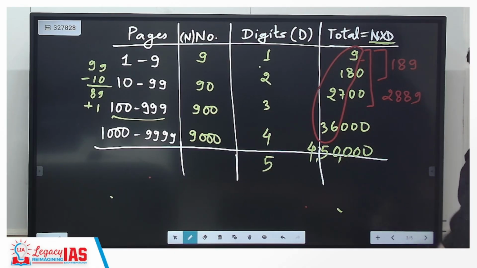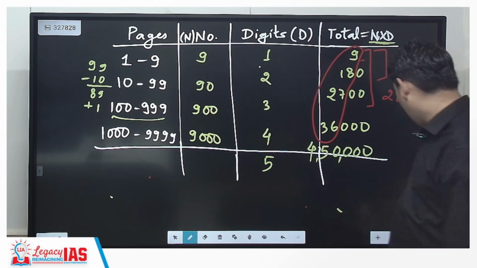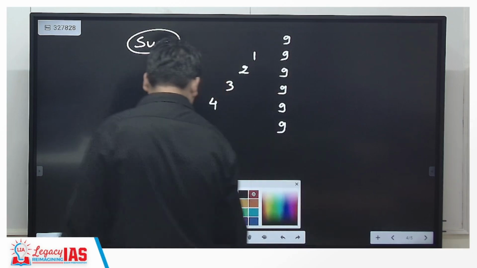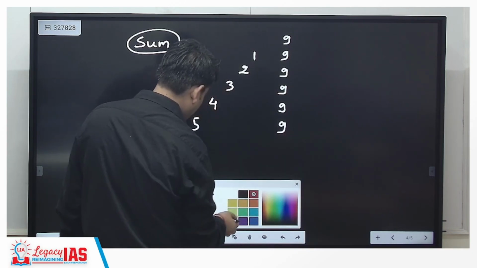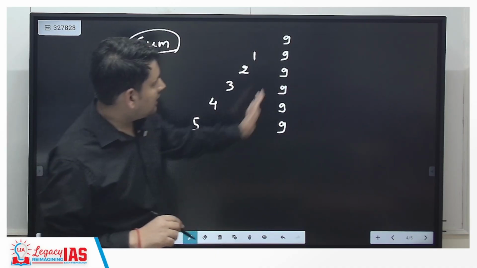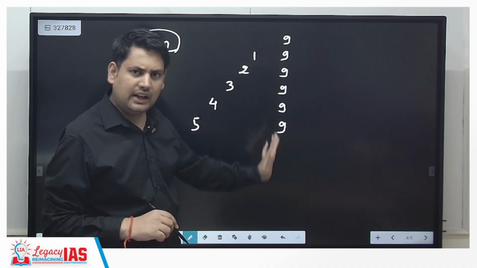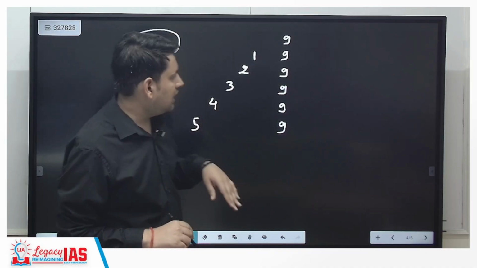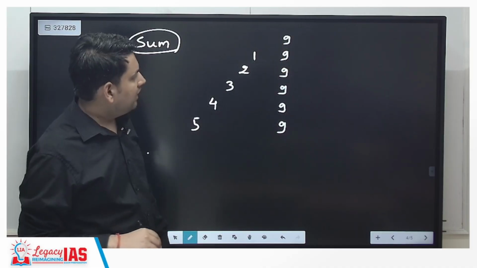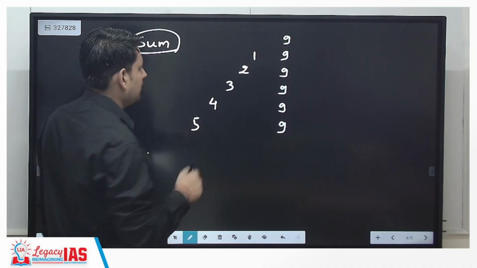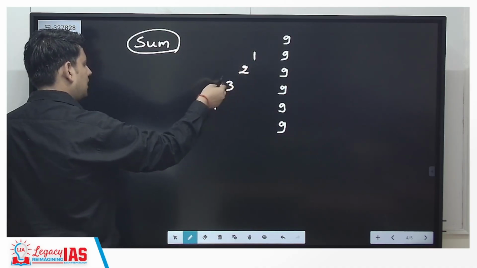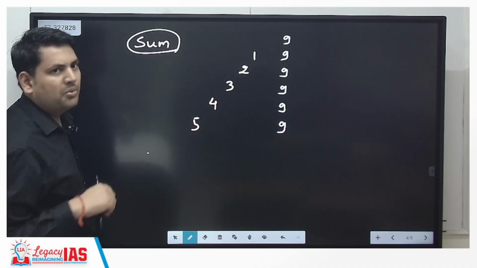So like this, there is another pattern. Now this does not look very easy, so I'll tell you a trick through which you can learn this. See, what you need to do here, you just write 9 like this, 9 on one vertical. Now leave the first space blank for 0, or you can write 0. Now you start writing numbers in this fashion. So 1, then leave a space, 2, 3, 4, 5, like this, form a diagonal.